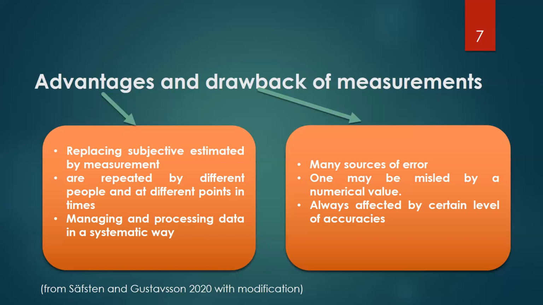They couldn't distinguish the noises from the systematic trend showing that the building is moving in that direction. So one may be misled by a numerical value. And measurements always have a certain level of inaccuracies.